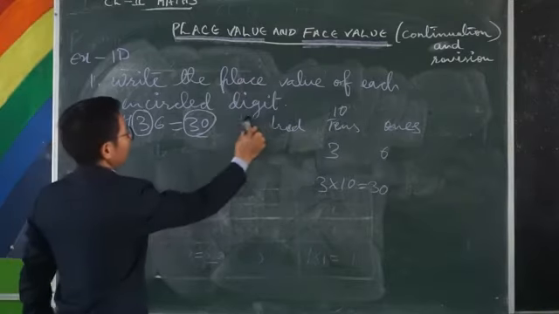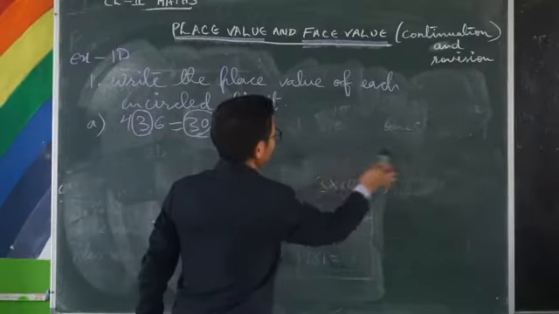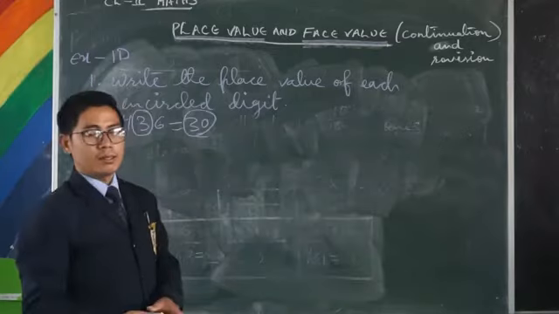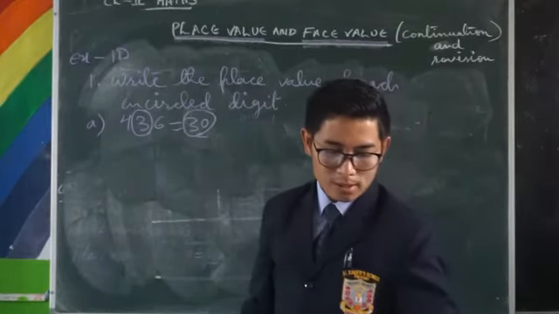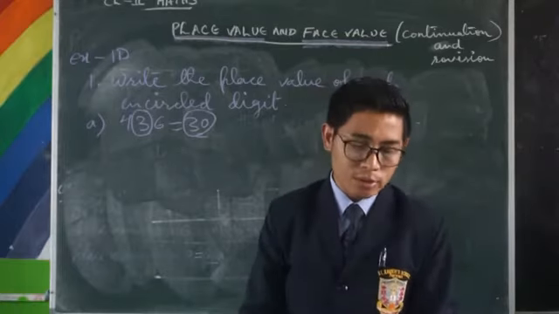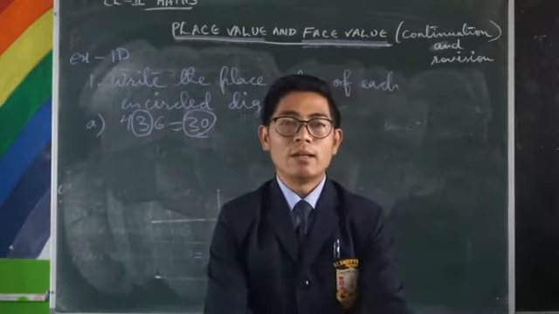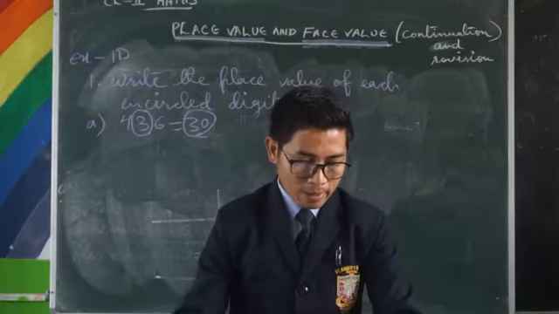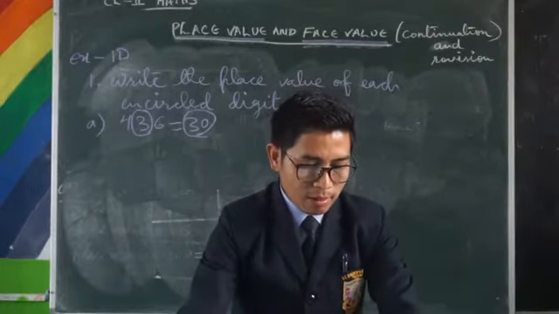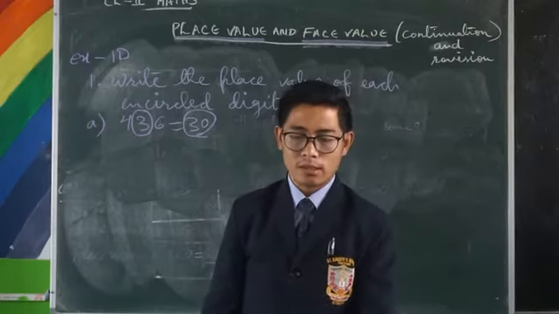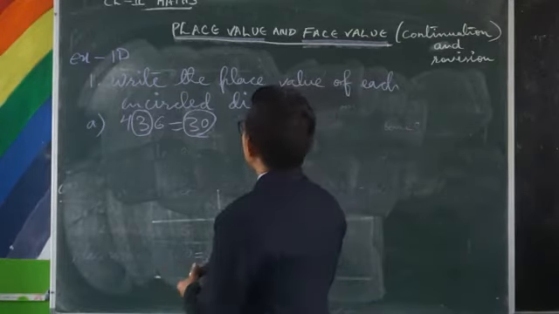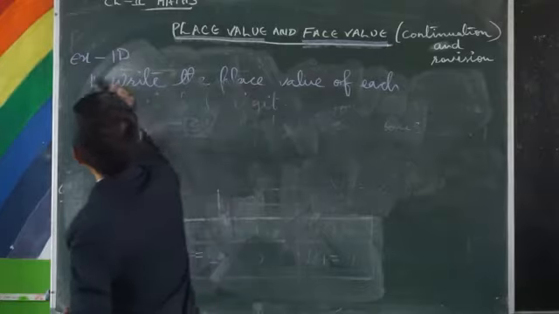You just need to find the place value of a digit in a number, and then you can write it. I hope till now you have understood how to find place value. Now, the second question: write the place value of each digit in the given number. The first one is over.